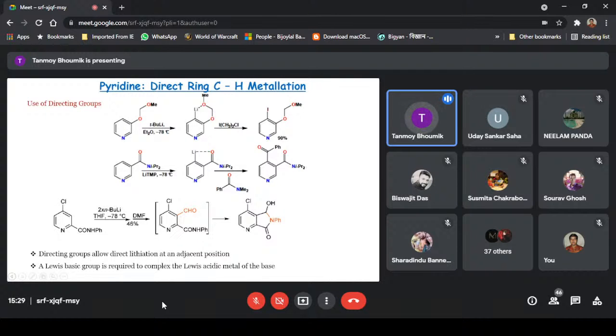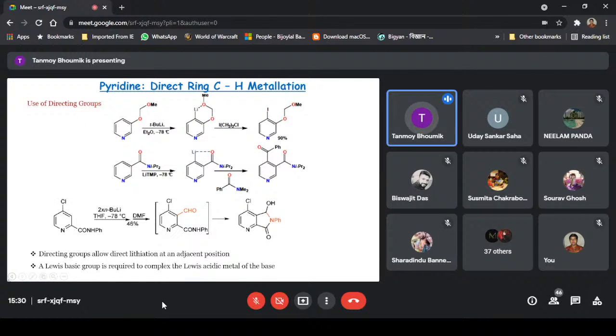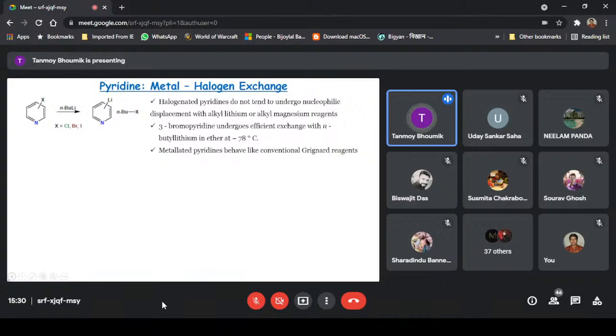So direct lithiation happens whenever the pyridine has a coordinating substituent like methoxy or any kind of coordinating ligand, which can immediately coordinate with the lithium and be substituted at the ortho position of this substituent, and that is called direct ring CH metalation. Pyridine metal-halogen exchange reaction is also possible whenever the pyridine molecule contains a halogen.